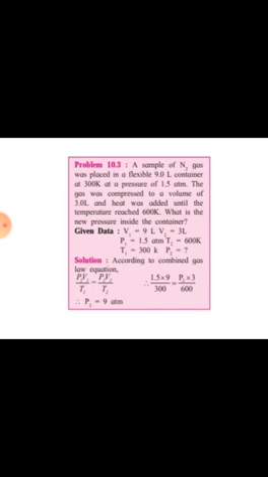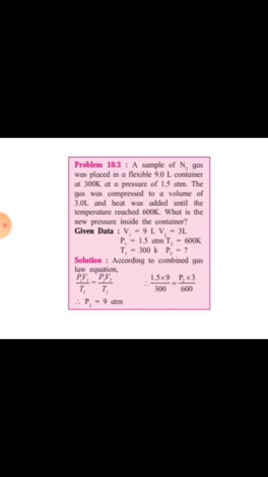What is the new pressure inside the container? Now V1 is 9 liter, V2 is 3 liter, P1 is 1.5 atmosphere, T2 is 600 Kelvin, T1 is 300 Kelvin, and P2 you have to find out.